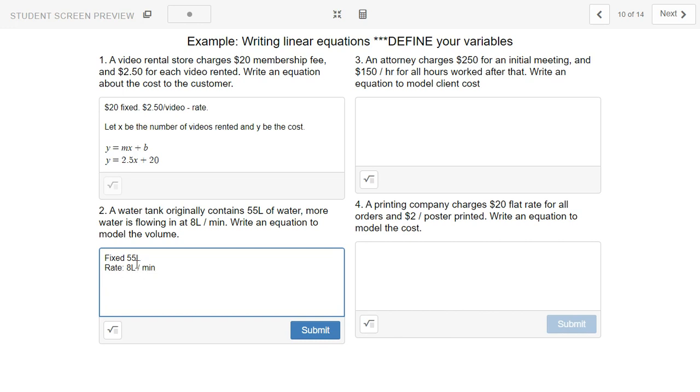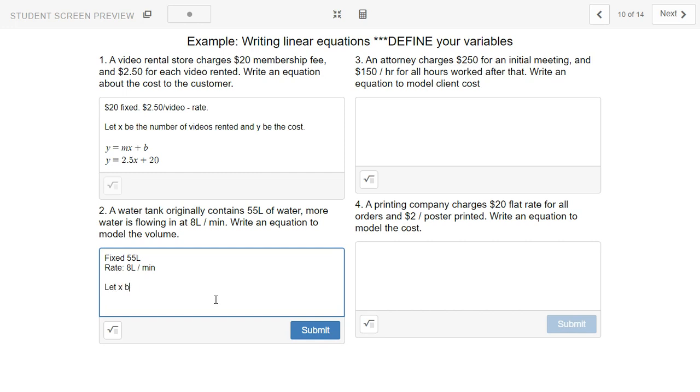So the amount that goes into the container will really depend on how many minutes it's been flowing. One of the hints is once you've identified the rate, your variable is always going to be related to the denominator of the rate.